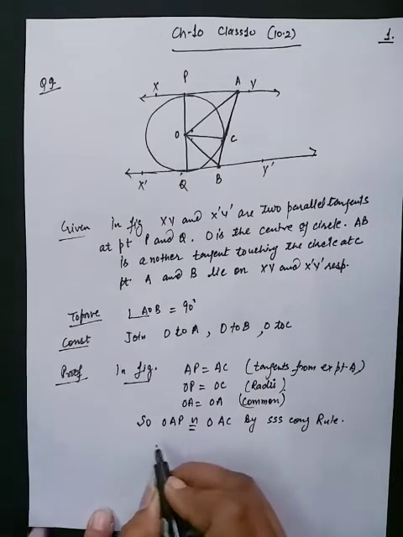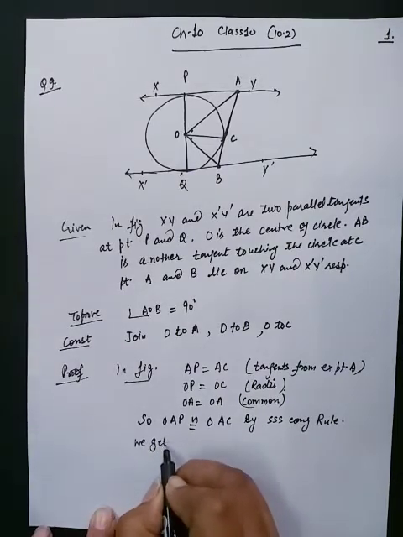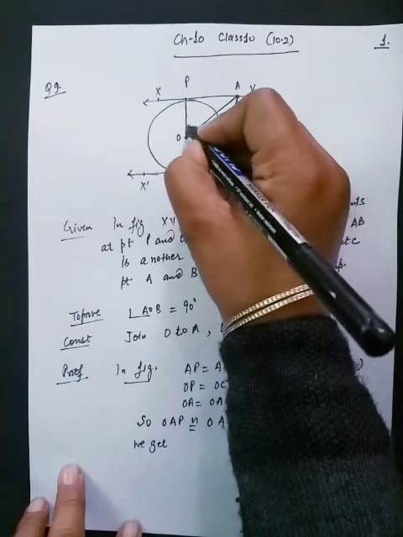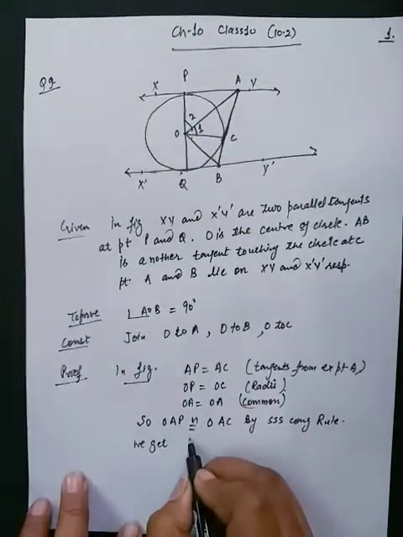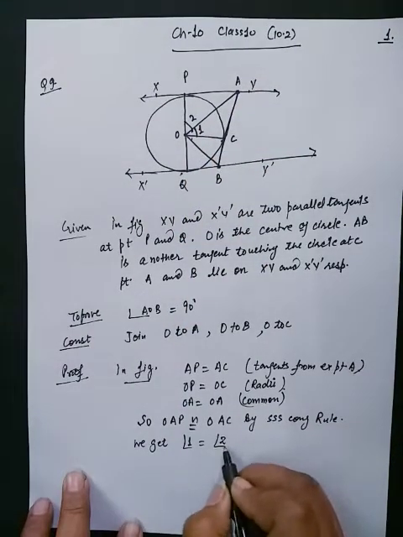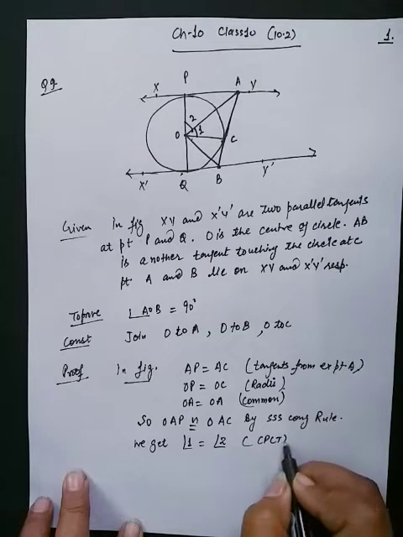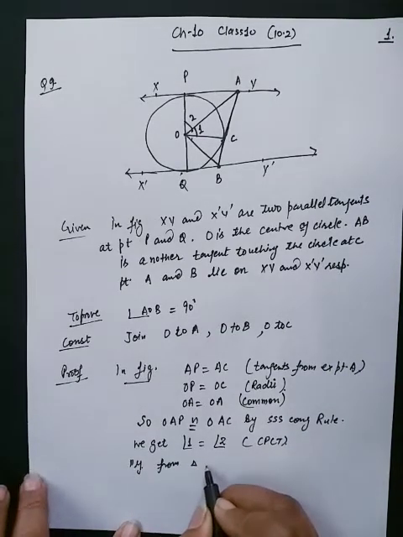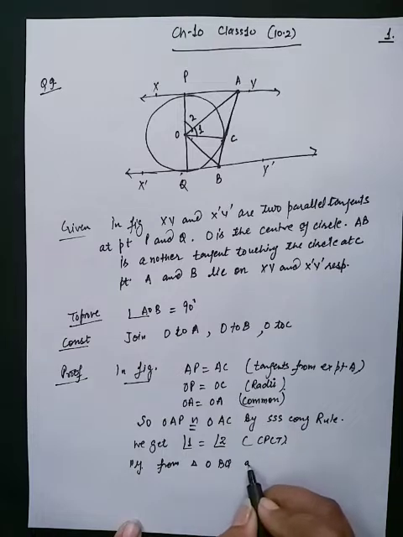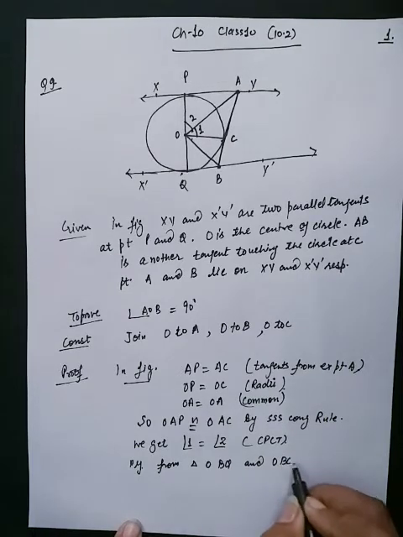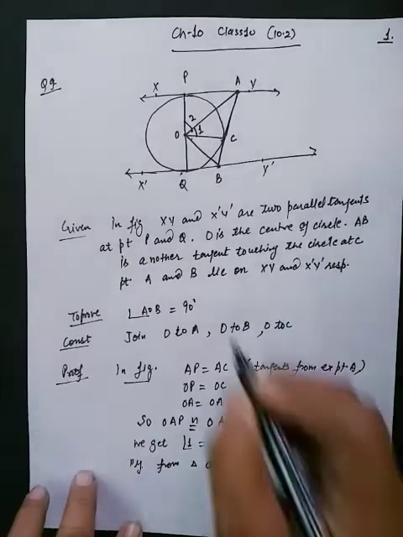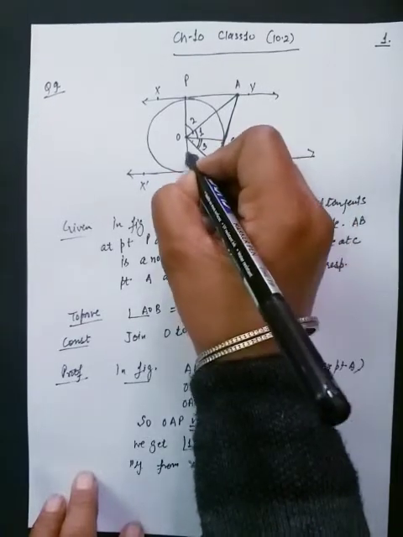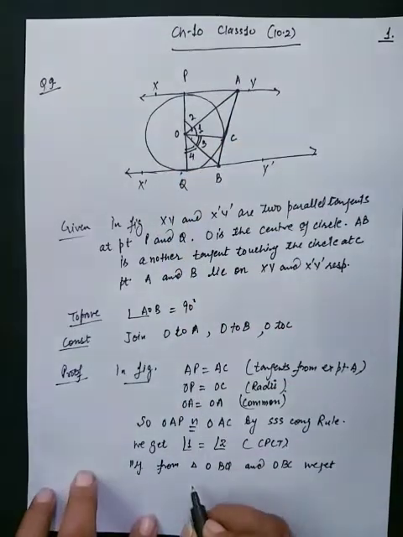So therefore in the figure we get, I can name this angle as 1 and this as 2. Angle 1 is equal to angle 2 by CPCT. Similarly, from triangles OBQ and OBC, we get, let us name this angle as 3 and this one as 4.